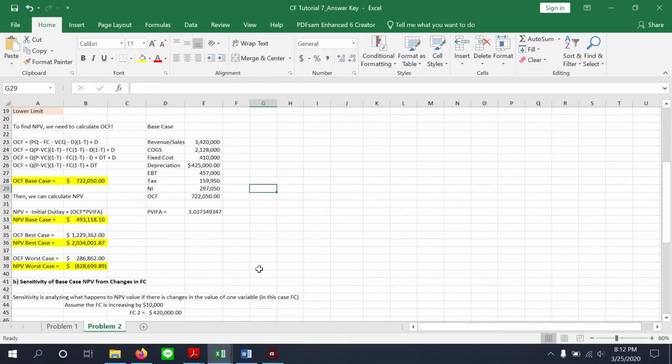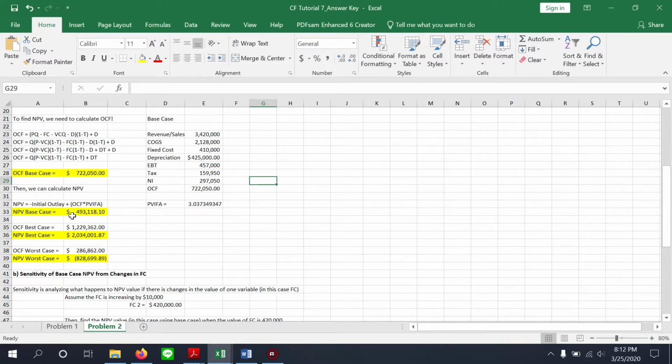Now, after you find the operating cash flow, what you need to do is find the NPV. The formula is stated here. Basically, negative initial outlay, plus OCF times the present value factor, which in this case, the present value factor formula would be the same everywhere.